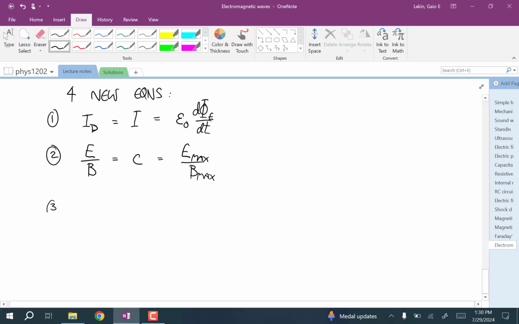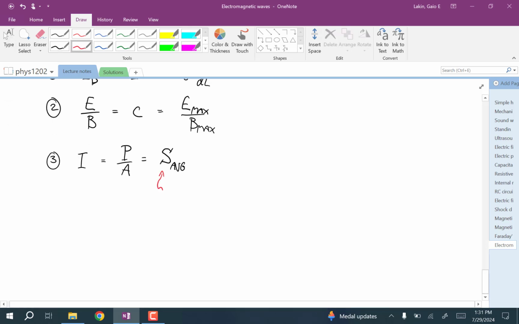The third one is a new relationship with intensity. So remember, intensity is the power divided by the area. But it's also equal to this new thing, this capital S. And this S is called the magnitude of the Poynting vector, that's a guy's name, Poynting vector.